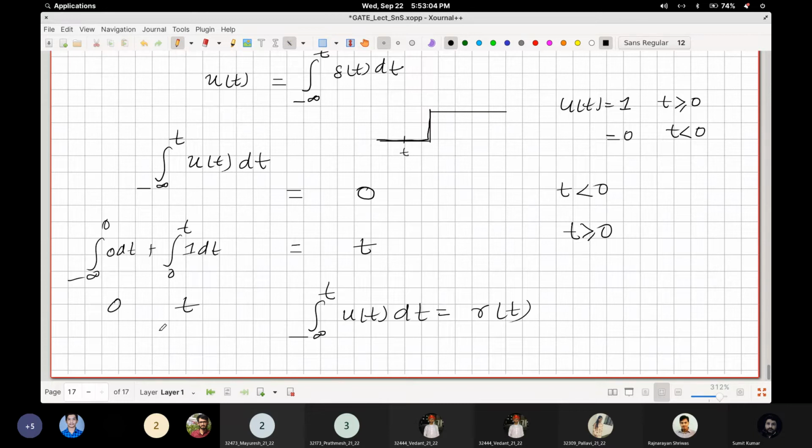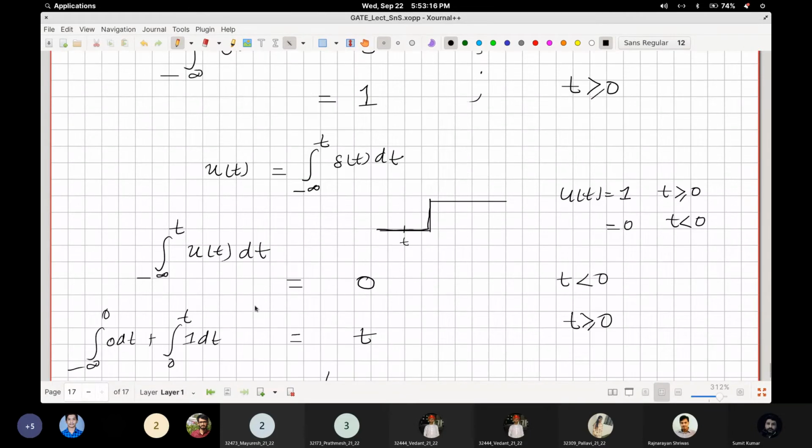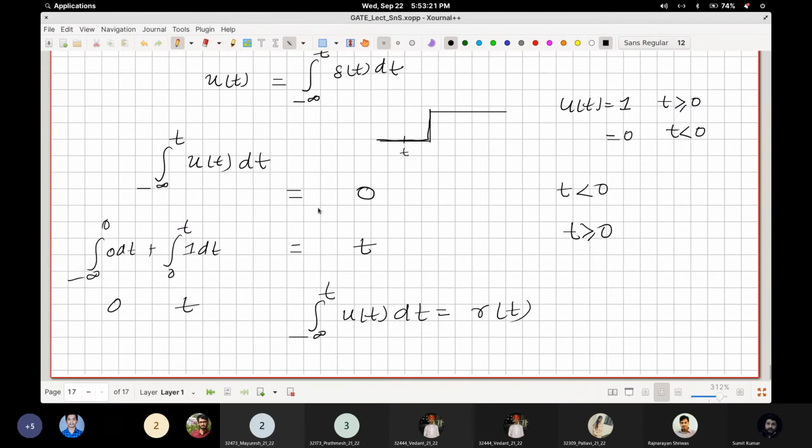Instead of writing indefinite integration, we write a semi-indefinite integral like this. And its opposite is differentiation. Is that clear? So you can see that this relationship holds. Is this clear to everyone?